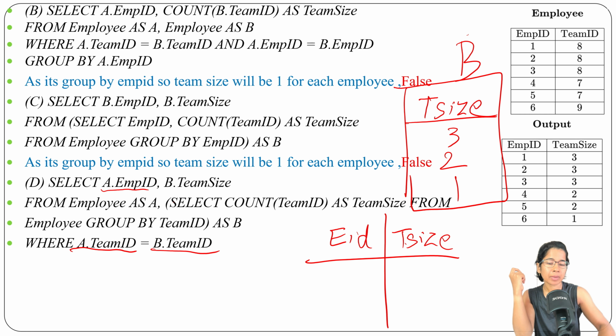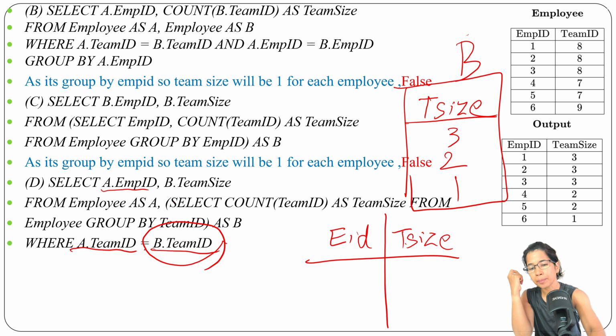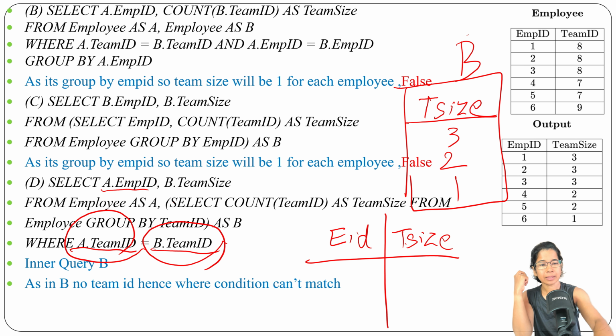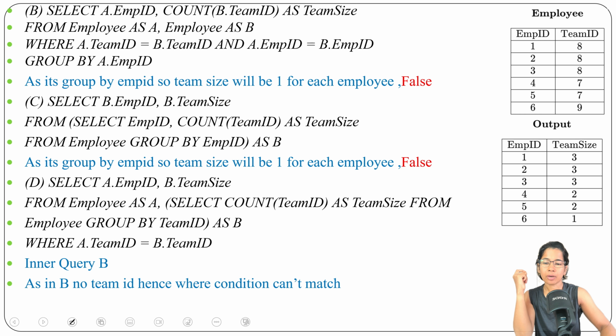There is no team ID. Then how will we compare this? We cannot compare, as in B, there is no team ID. This will be an error, right? Hence, option D is wrong. As in the inner query output, there is no team ID, we cannot compare team ID. Hence, we cannot get this desired output. We found option A is correct, option B, option C and option D are false.